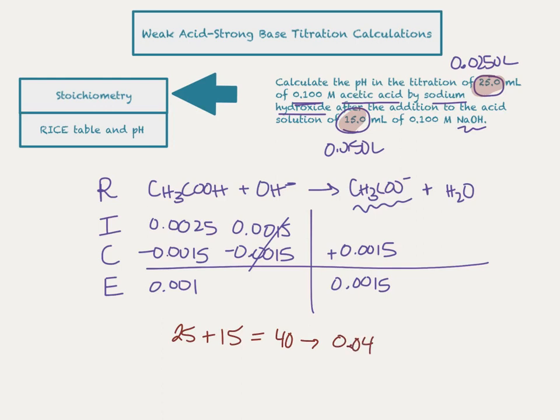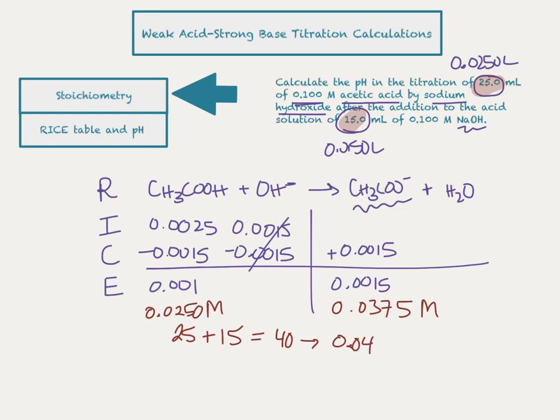Don't worry about the sig figs until the end, which means that my acetic acid is going to have a molarity of 0.025, and the acetate will have a molarity of 0.0375. Again, I'm keeping my sig figs all the way until the end. Even though I'm supposed to have 3, I would just keep more for calculations.